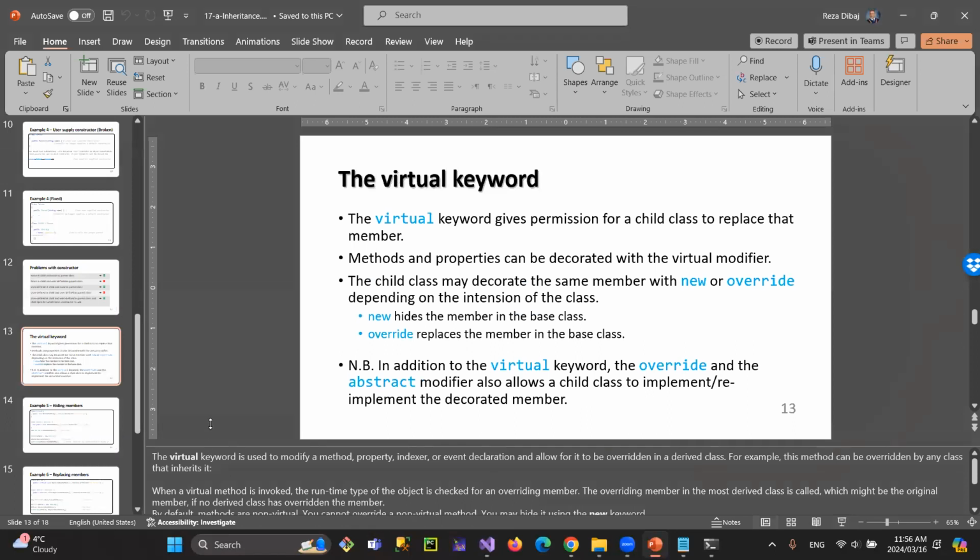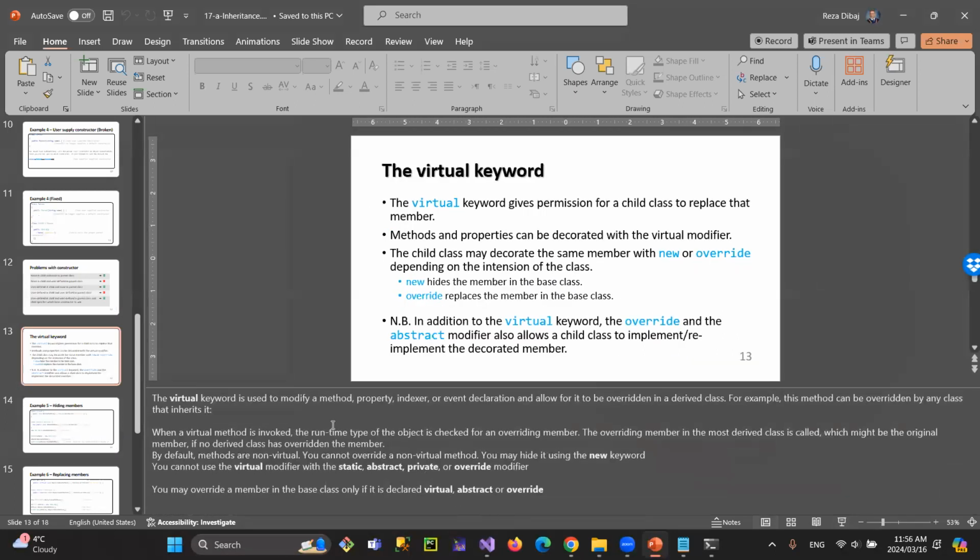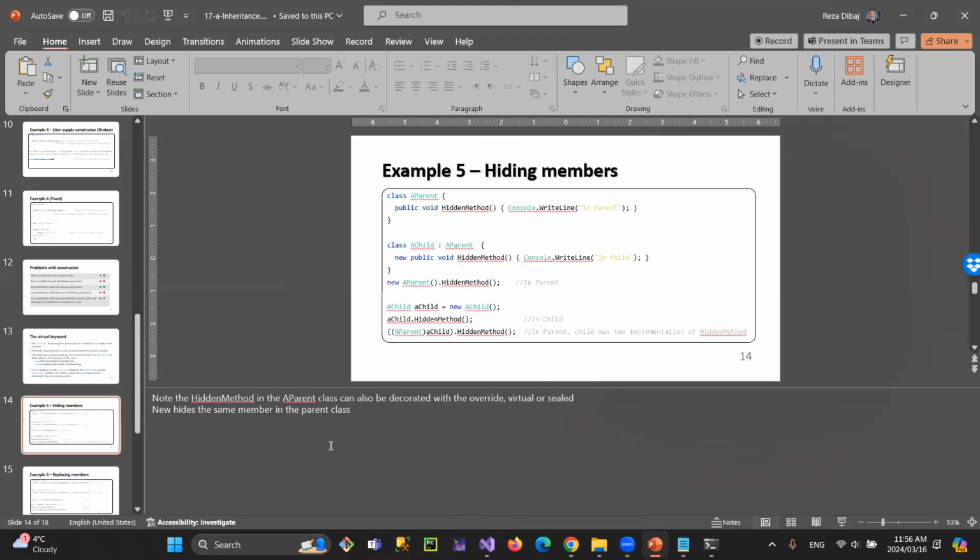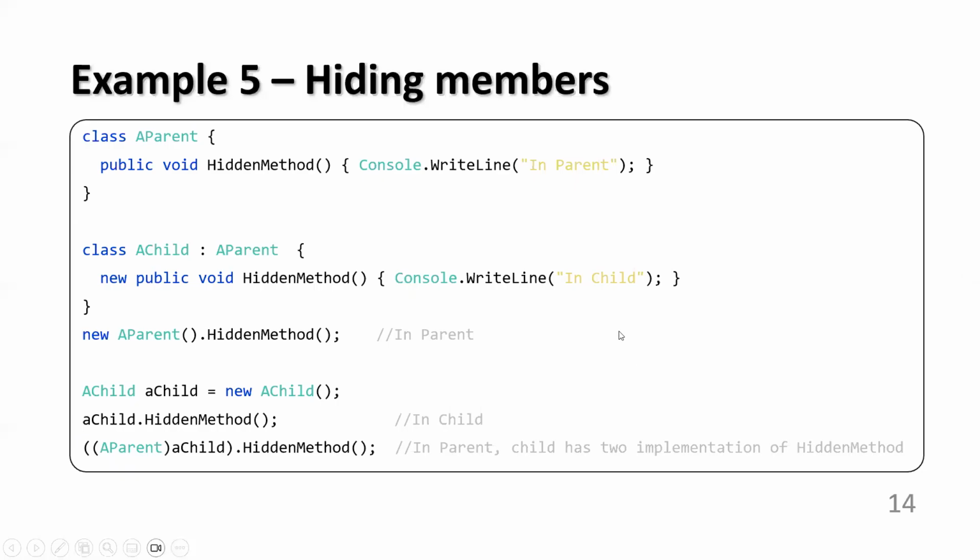I have explained some extra things, just read it at your convenience, but let's quickly go to this one together. Here we have a parent class and a child class, which is derived from the parent class. Look what we have here. We have a method called hide method, and we have a method hide method.